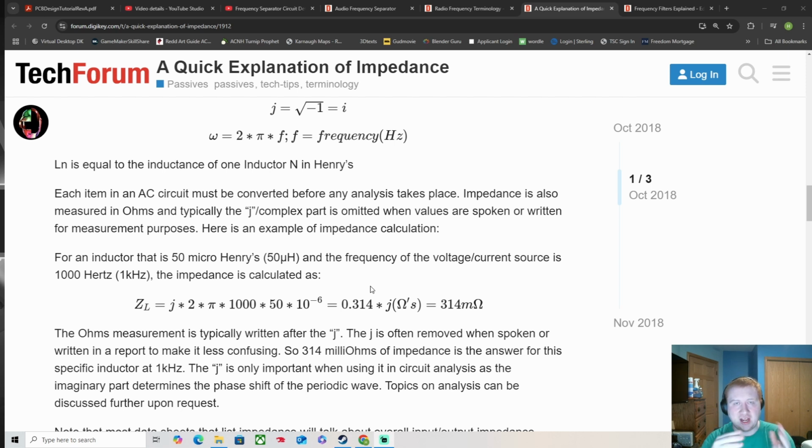Because again, j is assumed in the impedance world. We just don't ever speak it because it just confuses people. So 314 milliohms is that answer.